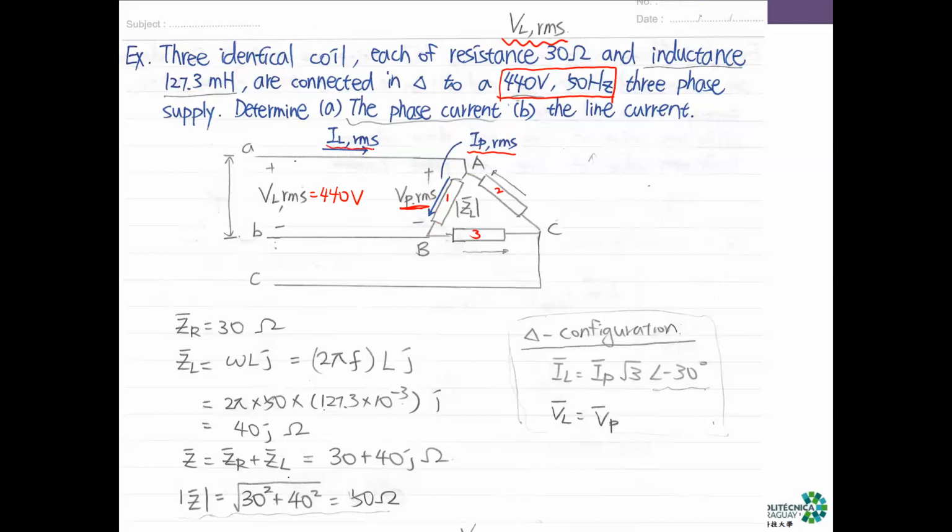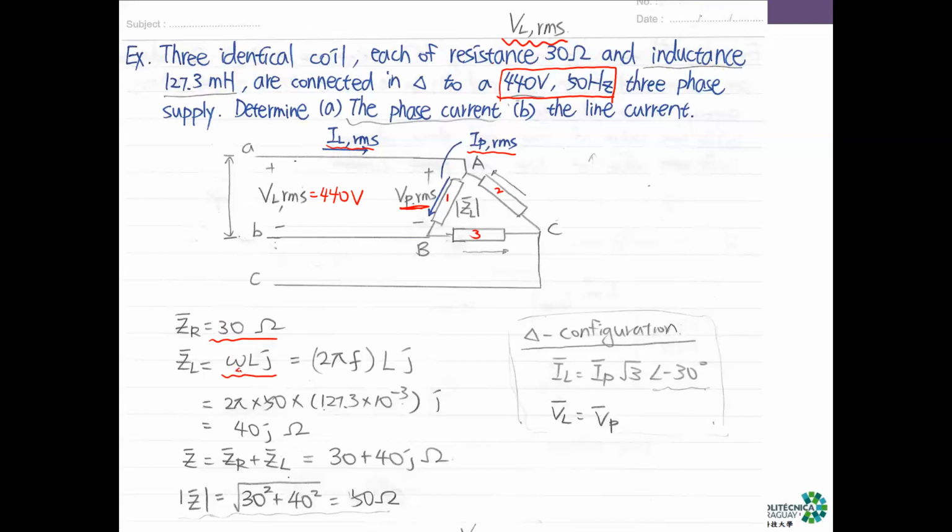The first thing is we need to calculate the impedance of the load. Since the load consists of a 30 ohm resistance and an inductance of 127.3 millihenry, the impedance of the inductor is omega L j.